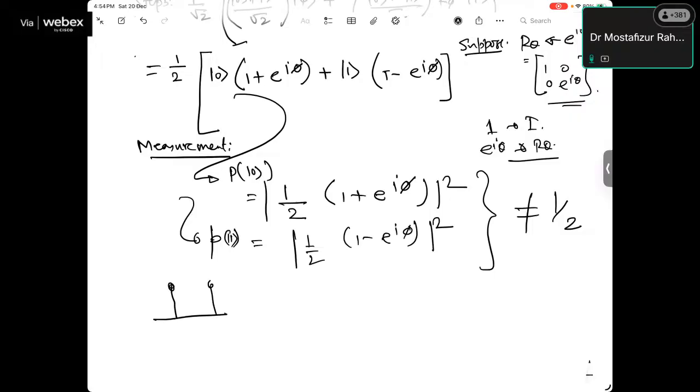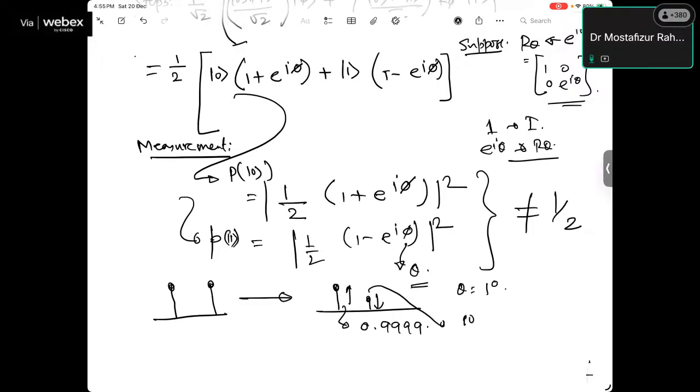Suppose this is my superposition state initially, but I can create a superposition such that I can manipulate this probability. I can maximize this, I can minimize this, or whatever I want to do, I can do using this theta, by controlling with the theta. If you take theta equal to 1 degree, you can make this value 0.9999, and this can become roughly 10 to the power minus 5, approximately.